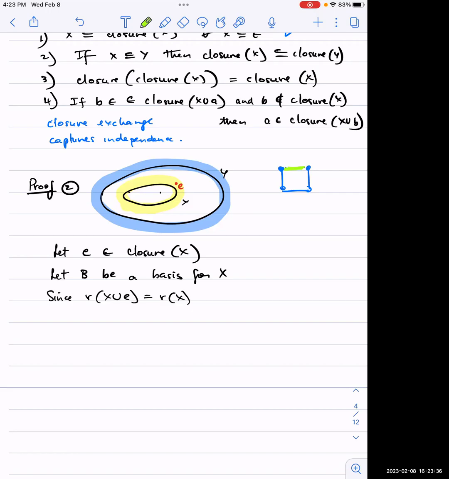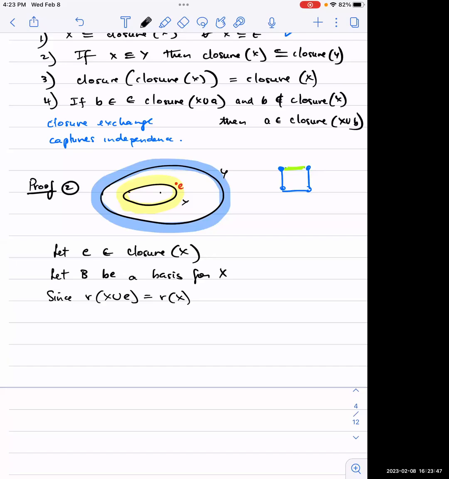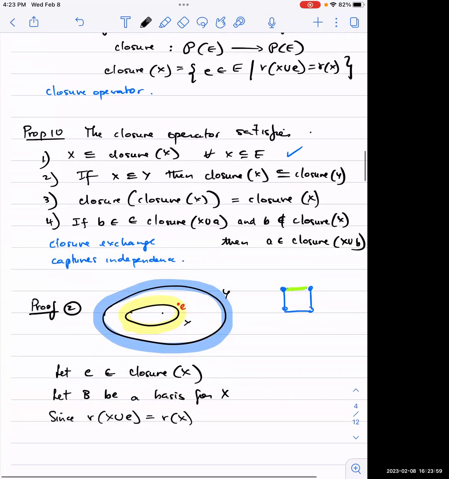So rank of the blue edges together with the green edge would still be 3. So that's one example to keep in mind. If E is in the closure of X, then rank of X union E is equal to rank of X, and that's how it's defined up here. Closure of X is the set of all members that don't increase the rank.